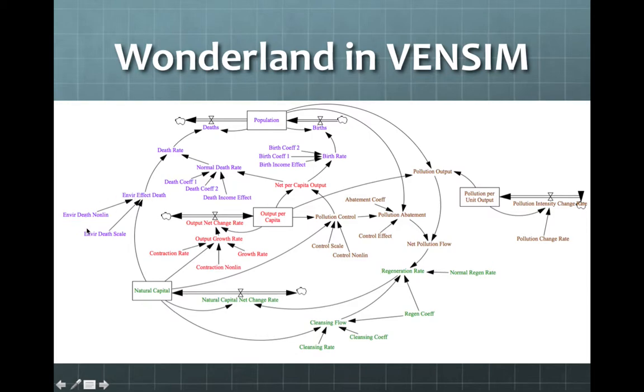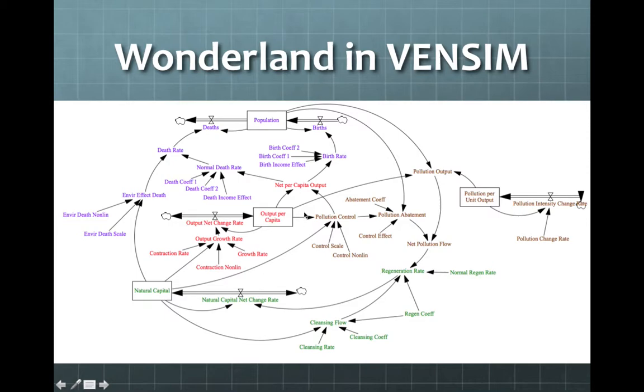Some of the parameters in the death rate are environmentally related. So the availability of capital affects the deaths in a way, and natural capital also affects the ability of production through the output growth rate.